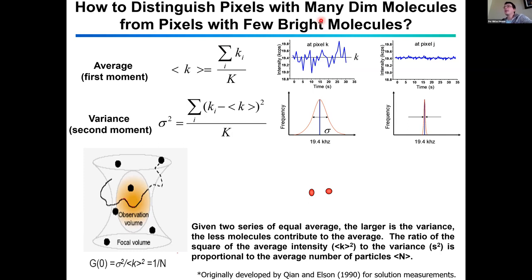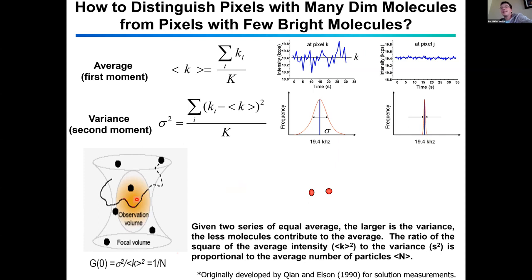In the first case, we have few but bright molecules because they are aggregates. If you look at your confocal observation volume and the molecules are able to move, a very bright molecule moving in and out of the observation volume will give you a large fluctuation of your signal as a function of time.